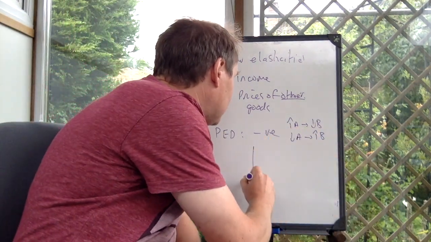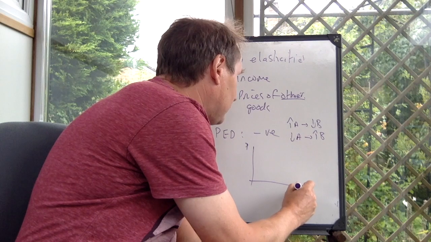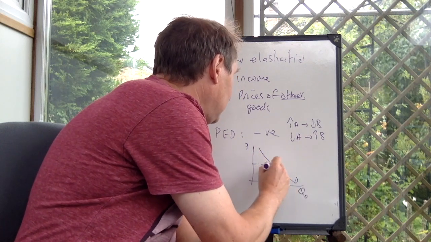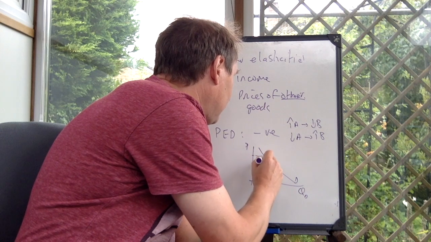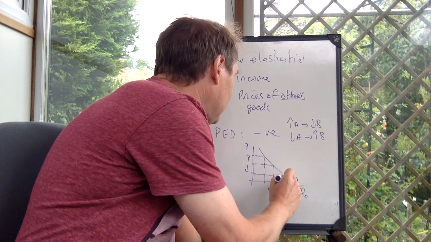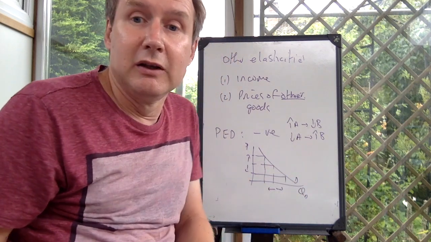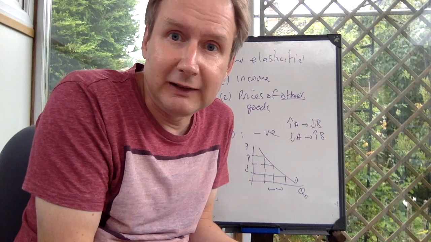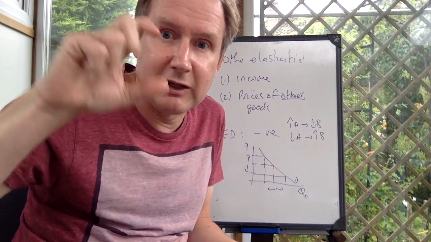And that's simply because of demand lines. There's price, there's quantity demanded, and we know they slope downwards like that. So if price was to go up, then demand would go down, or if price was to go down, then demand would go up. So elastic or inelastic, it doesn't depend on the sign, it depends on the size of the change.